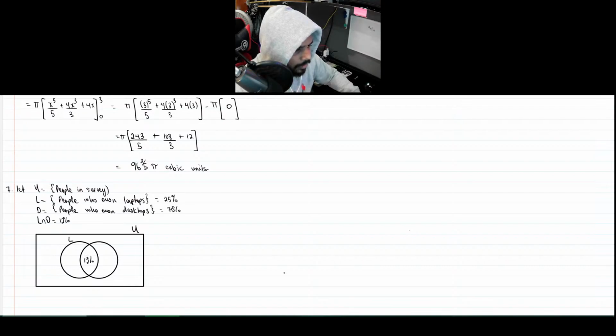This is L, this is D. Now the entire of L is 70%. I already have 12% catered for, so 70 minus 12 is 58%. Same thing with D. I already have 12% of the 25% covered, so this one here will be 13%.